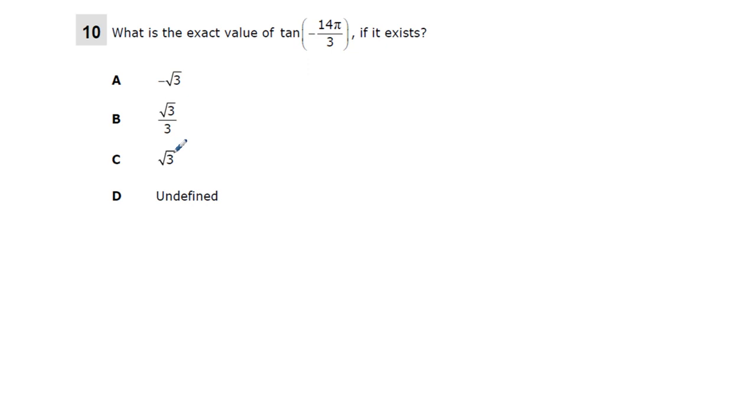What is the exact value of tangent of -14 pi over 3 if it exists? Well, we could convert this to degrees if we want to.